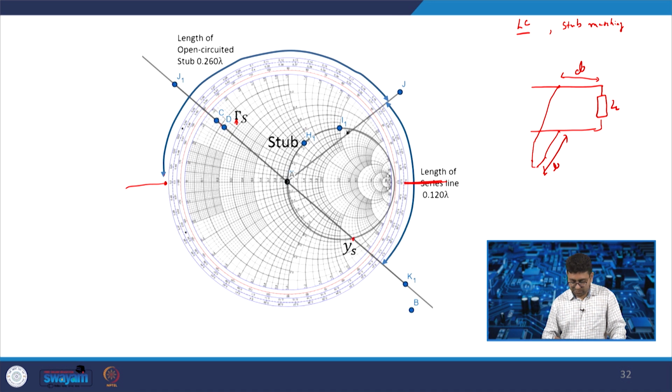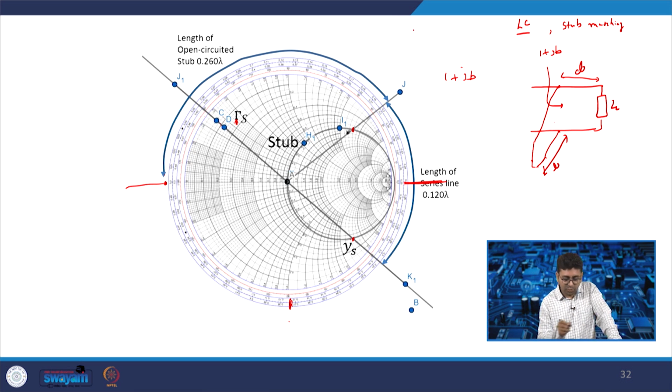So, here you will get a Ys, and then there is another point where you will get 1 plus jB. That jB you want to cancel, so this stub should provide the minus jB. You will get that minus jB when you put a minus j here, and you can find out the length of the stub. So, this is the way you can do the stub matching.